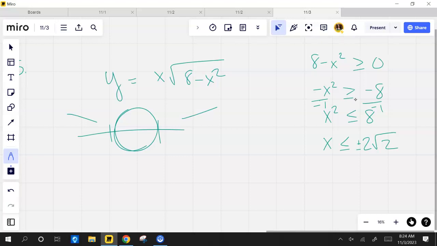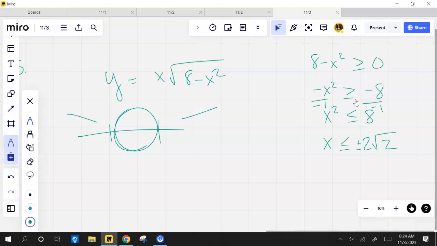So if I picked a real big negative point over here, maybe -100, and I plugged it in here, am I going to get a positive or a negative under my radical? 8 minus -100 squared, I'm going to get a really big negative number, and I can't have a negative number under here.